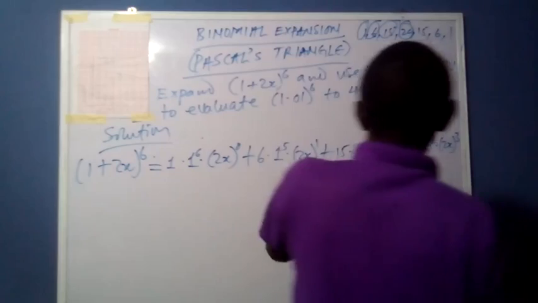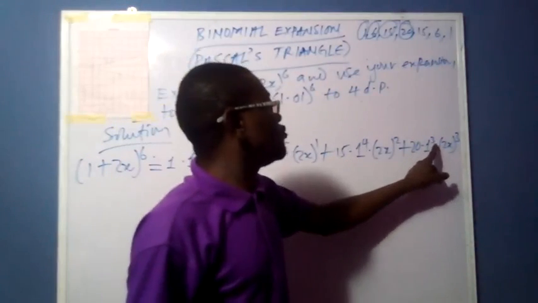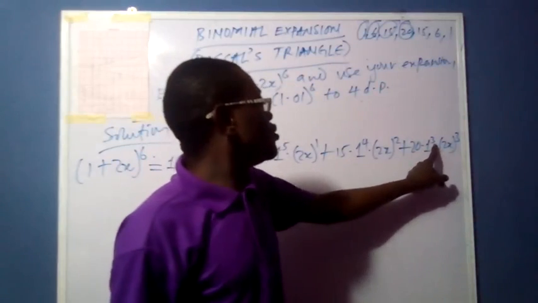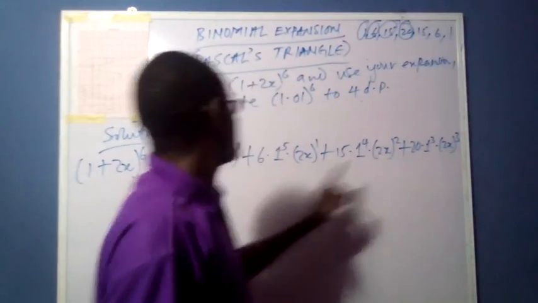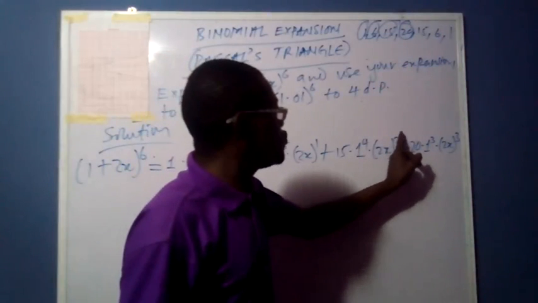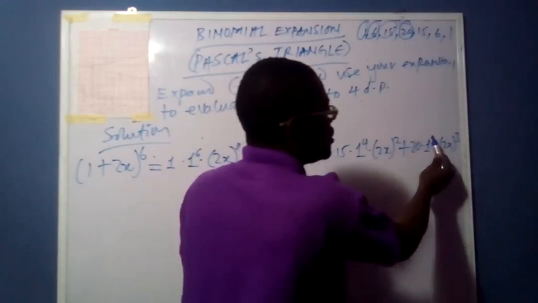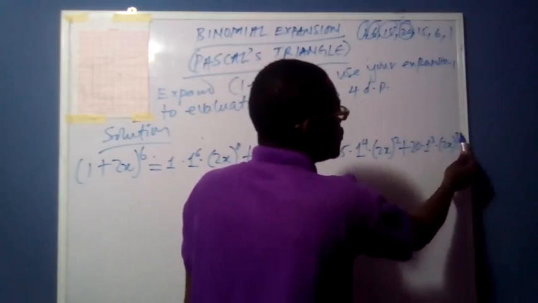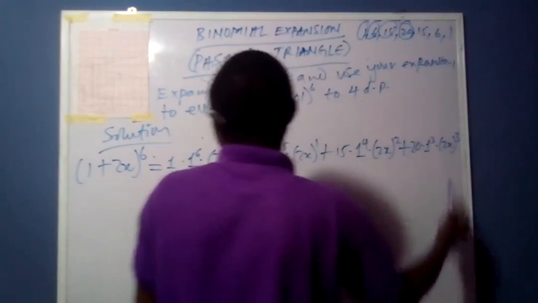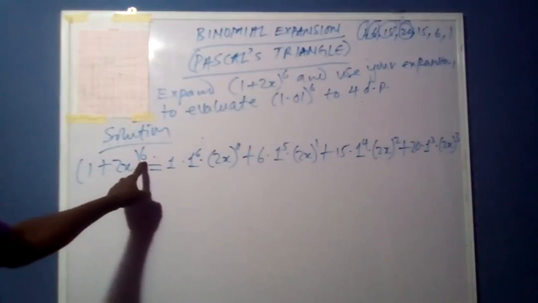The power of 1 reduced from 4 to 3, while the power of the second term 2x increased by 1 as well. You discover that both powers, when added, equal 6, which was the initial power.